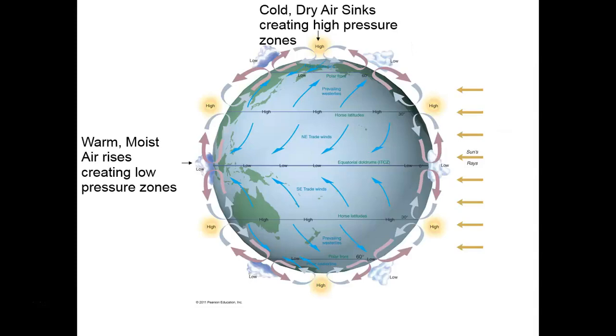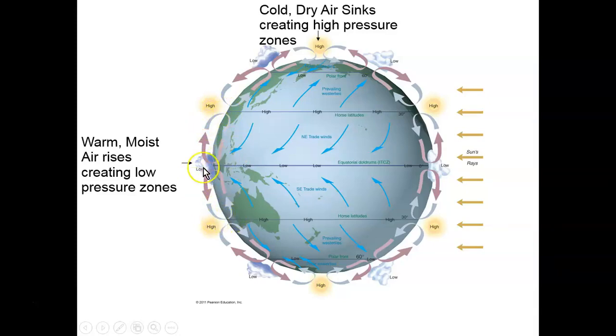Okay, so again, the majority of the sun's energy is directed at the equator, and therefore at the equator we have warm, moist air that rises up, and it moves away once it runs into the tropopause up here, and then it falls back down at 30 degrees north and 30 degrees south.